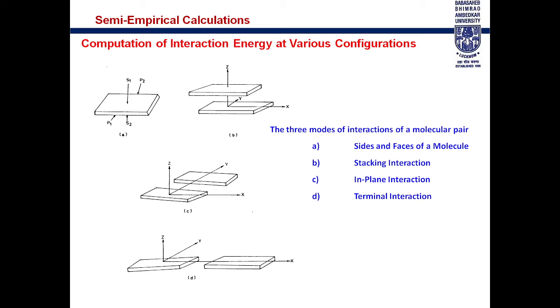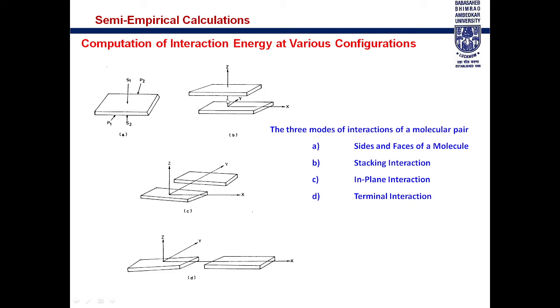Computation of interaction energy at various configurations. Here the figure shows the six faces of the molecule, and for interaction they are termed as stacking side A, side B, plane side A, plane side B, or in-plane interaction side A, side B, and terminal interaction side A, side B, which is explored like this.